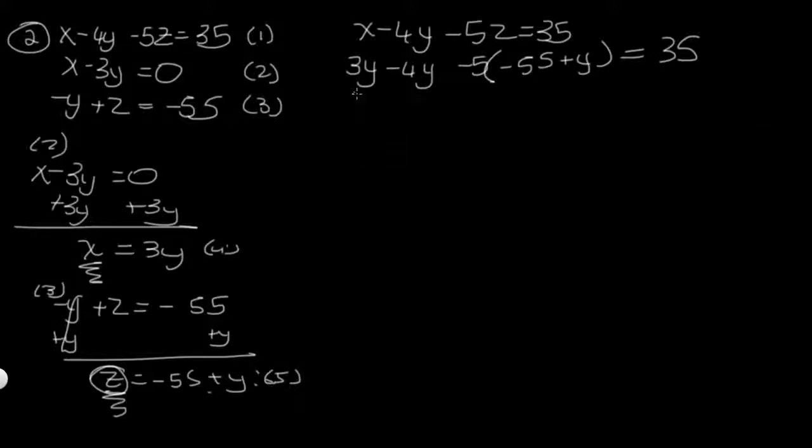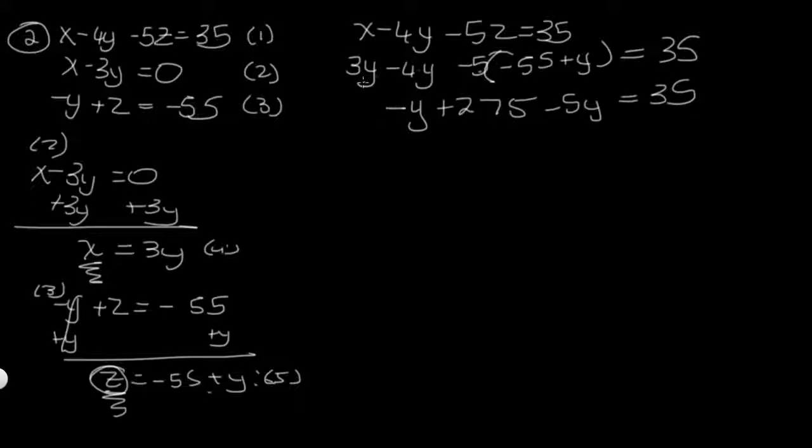Now to solve this, I just need to simplify this. 3 minus 4 is negative 1. Here I'm going to go ahead and distribute. So I have negative 5 times negative 55. That's a positive 275, so that becomes a plus 275, and then negative 5 times y is negative 5y, equals 35.